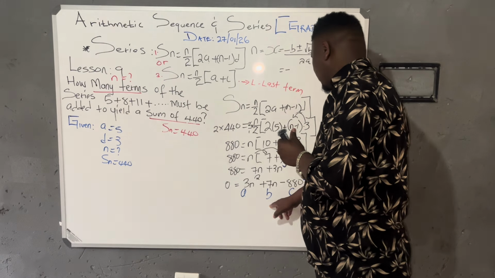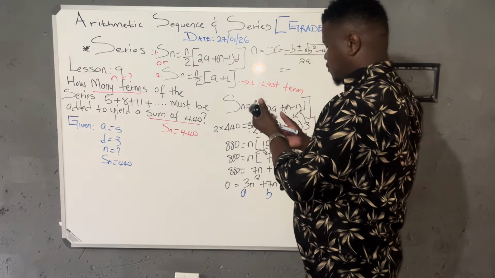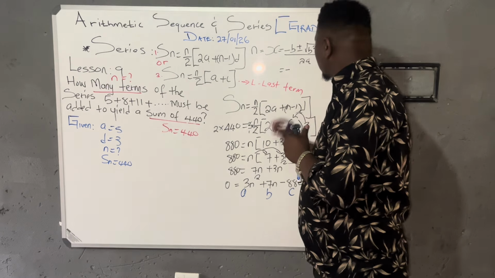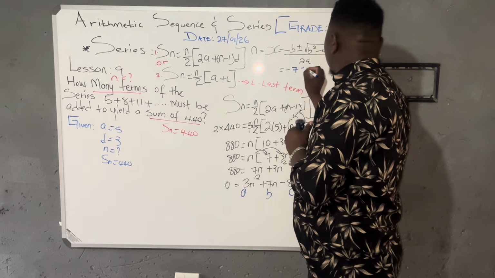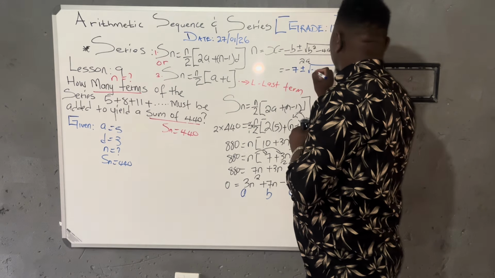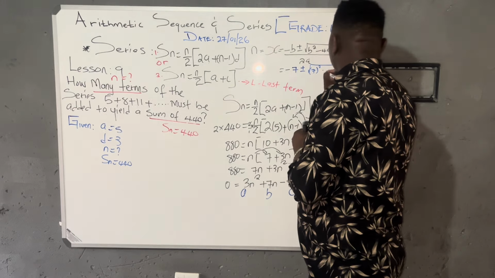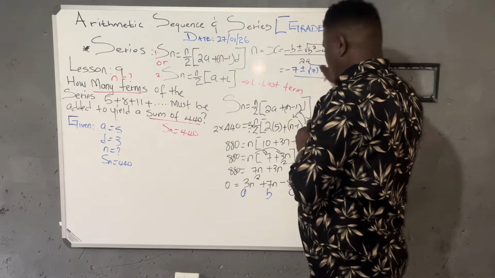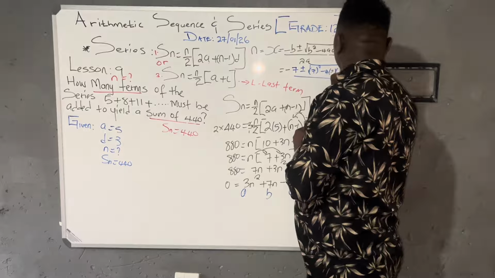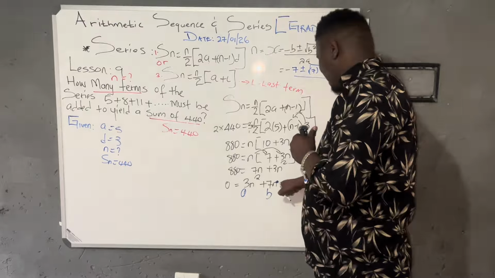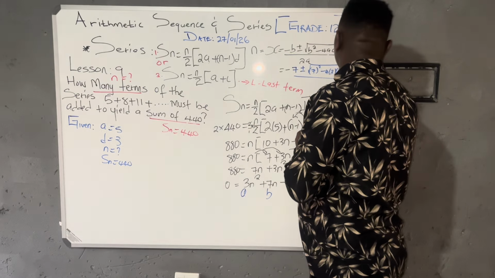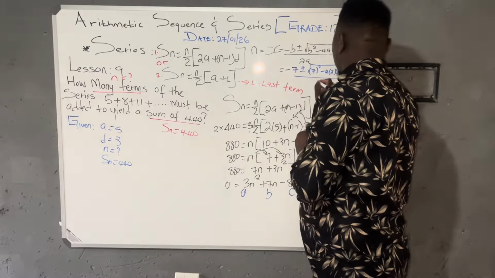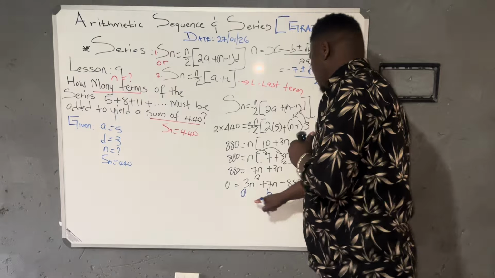The coefficient of n is B, which is 7. So I'm going to put a 7 there, plus minus. I said 7, but put a bracket. Then my A is 3. What is my C? It is negative 880. That is a big number. Then all over my A again, which is 3.